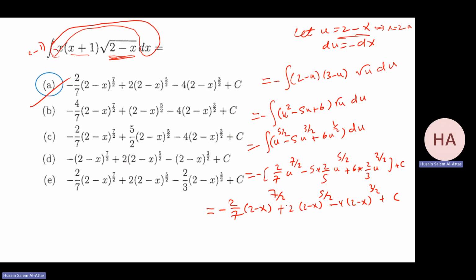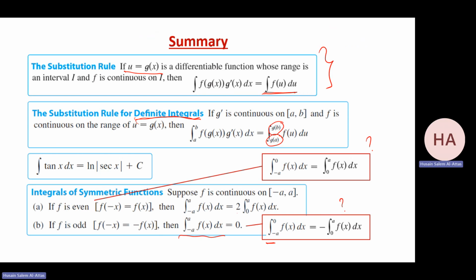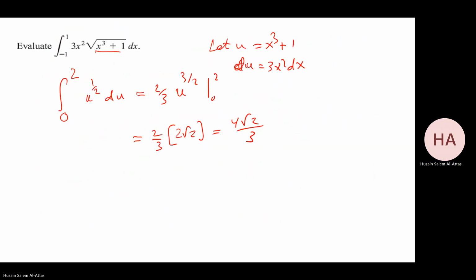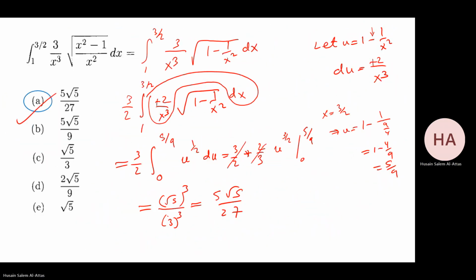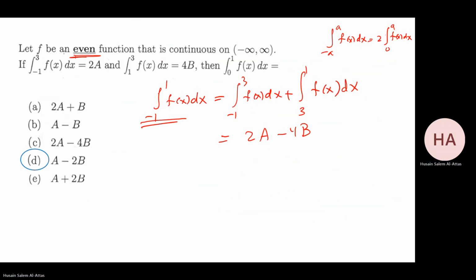And if you notice, for the even ones, I have this relation: the integral from minus 1 to 1 is equal to twice the integral from 0 to 1 of f of x.